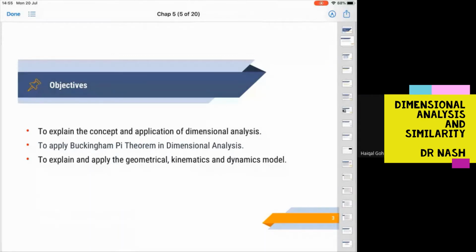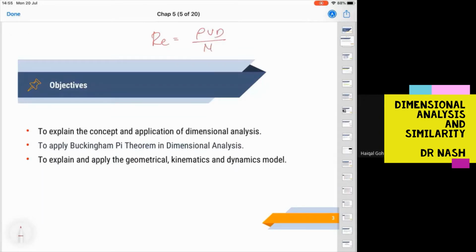Not really an equation. It's just actually the combination of a few parameters, rho vd over nu, and then kita dapat satu value which is a number that doesn't have unit.